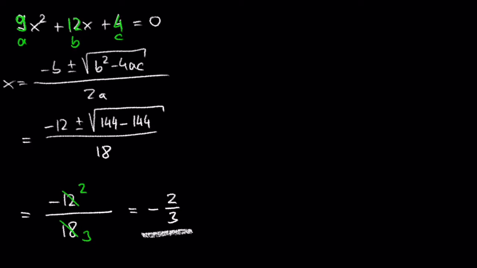What about this example? 0 equals x squared minus 4x plus 1. A is 1, B is negative 4, and C is 1.